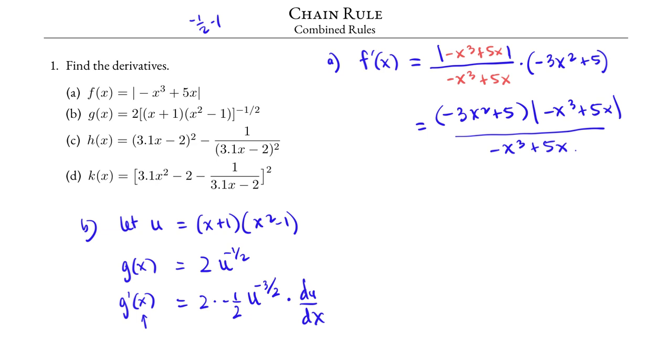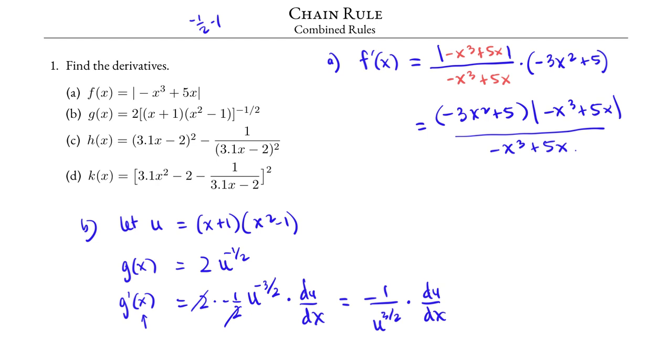But what is du/dx? We will find out. This is not the final answer yet. The final answer will be, with the 2 cancelling out, negative 1 over u to the 3/2 power, and then we multiply du over dx, whatever du over dx is.